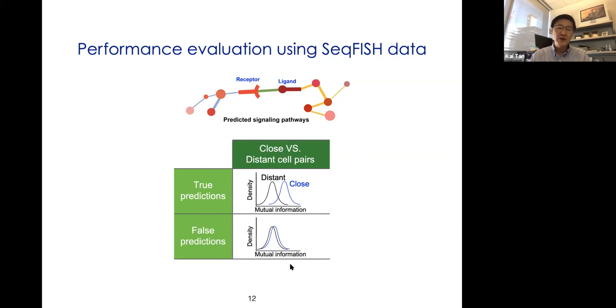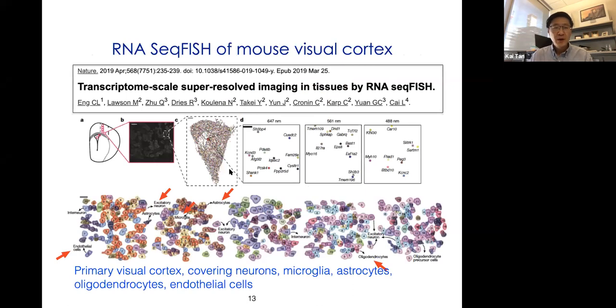Otherwise, the correlation will be very low or almost close to random. So for a given pathway, by comparing these two distributions, we can get a sense of whether the prediction has some kind of support or not based on the SIG-FISH data, which is orthogonal to our single-cell RNA-seq data. For SIG-FISH data, we use this particular data set published by Long Kai's group recently.